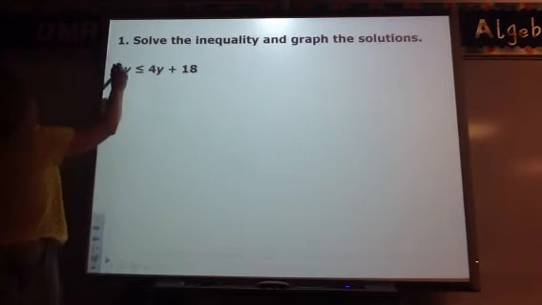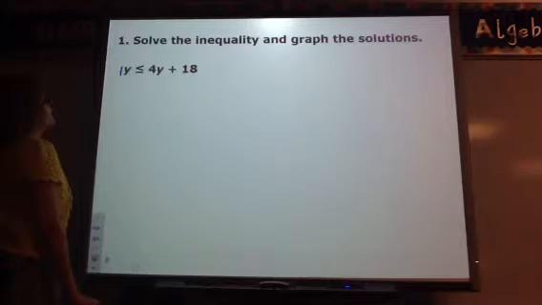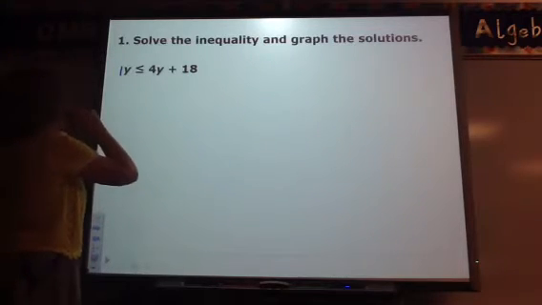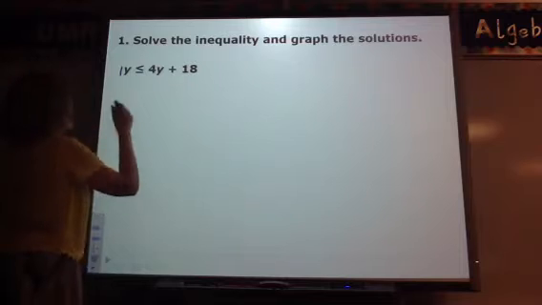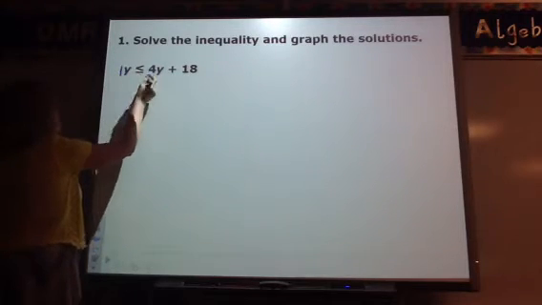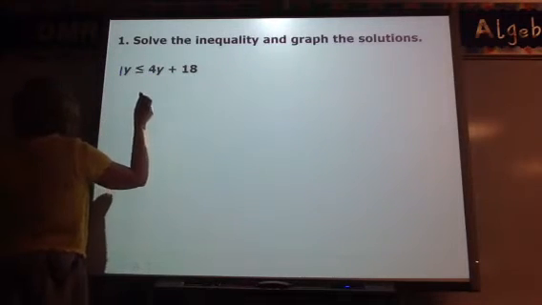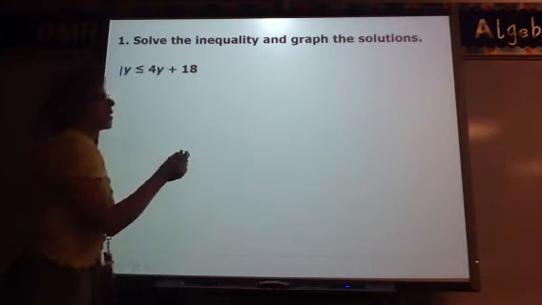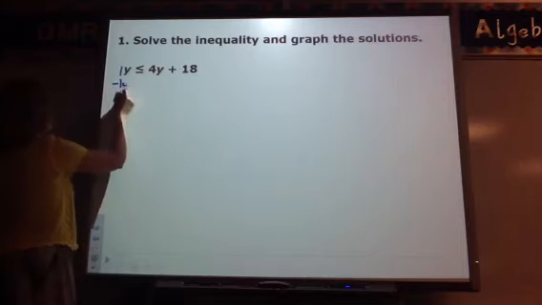Okay, so we have 1y less than or equal to 4y plus 18. Let's get the y over on this side. Actually, to be honest, guys, I like to stay with the positive coefficient, so I'm going to subtract 1y.